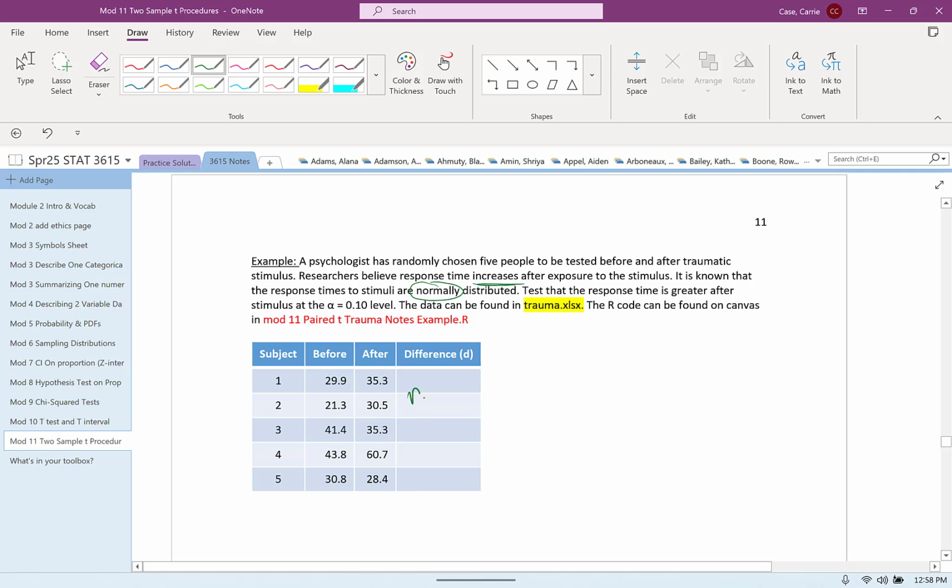We need our differences. And so the null hypothesis is that the mean of the differences is equal to 0. And the alternative hypothesis is that the mean of the differences is either greater or less than 0, depending on which way you subtract.